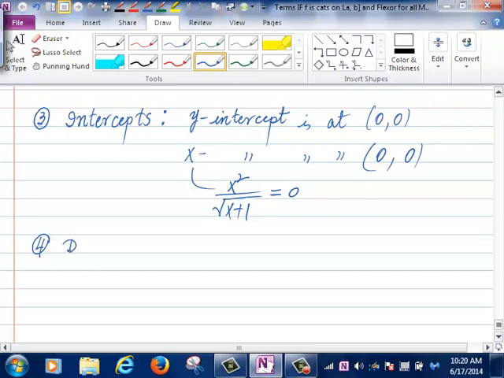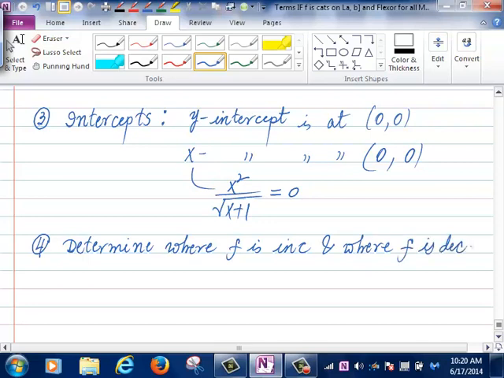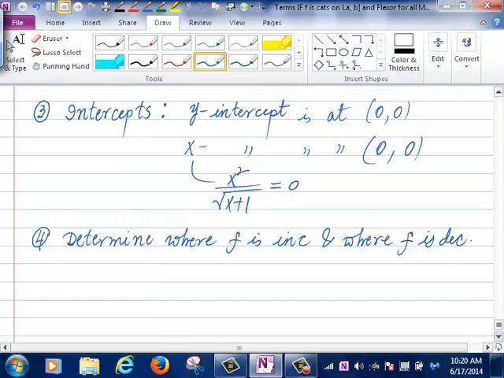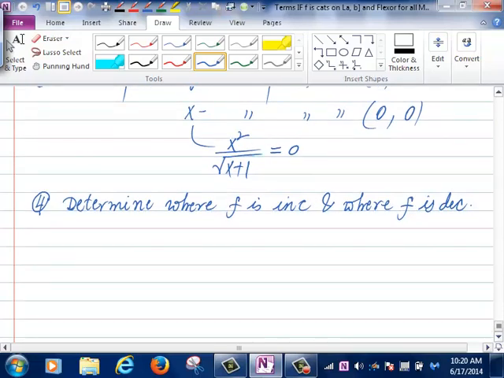Determine where f is increasing and where f is decreasing. Well, in order to do that, what do I have to do?